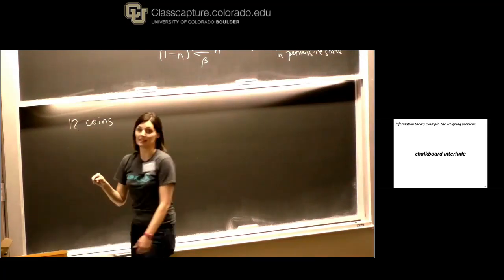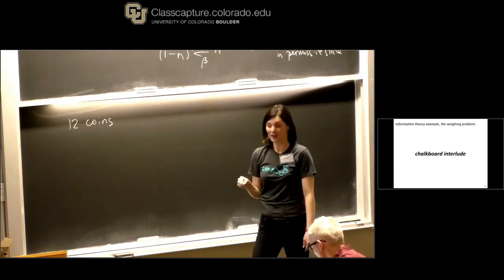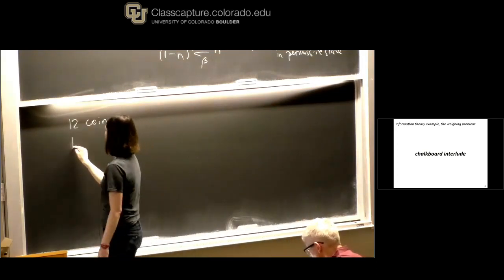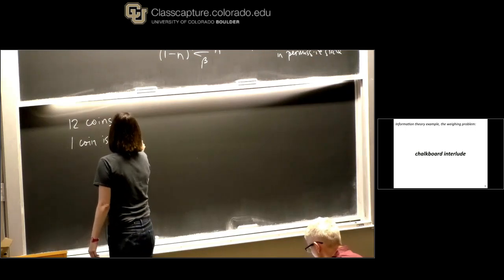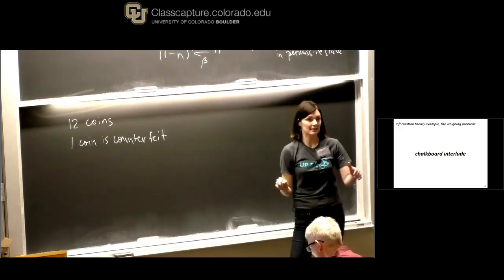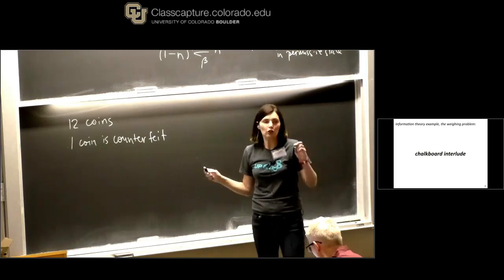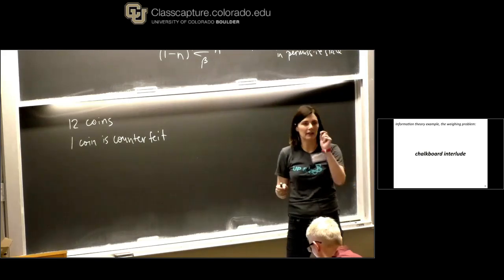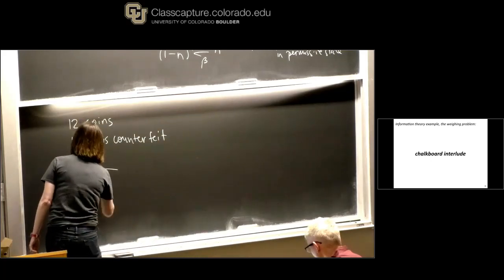You have probably seen this before, but I want you to try to solve it in a new way. One coin is counterfeit. Counterfeit, meaning it's not a gold coin, it's made of some other metal, usually just a little bit heavy or a little bit light. You are given a balance.